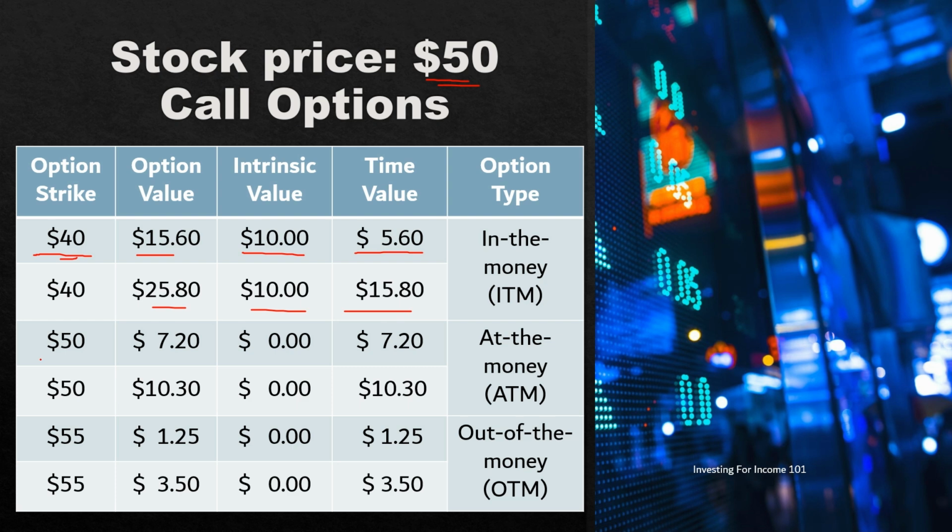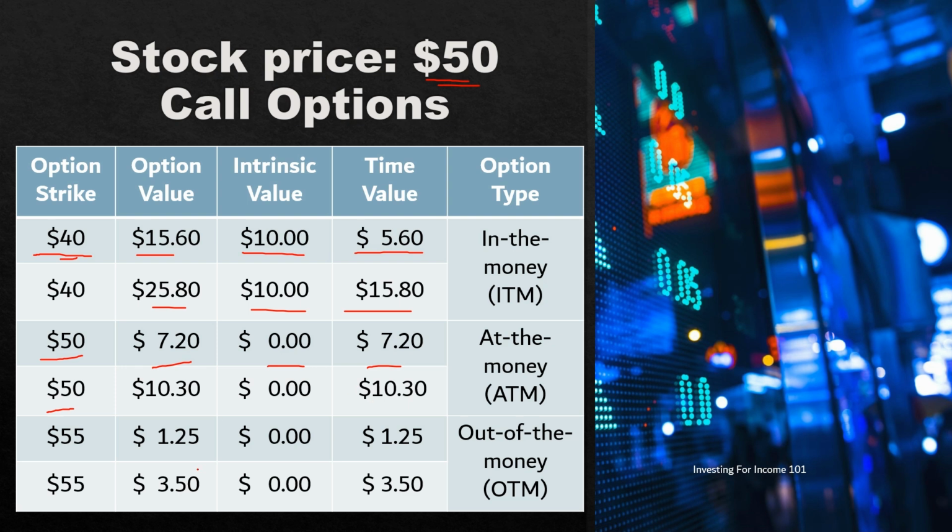When we look at the second set of options, they both have the strike price at 50. The stock price is at 50, so they are exactly at the money, and the intrinsic value is zero. So the time value and the option value are actually the same in this case.